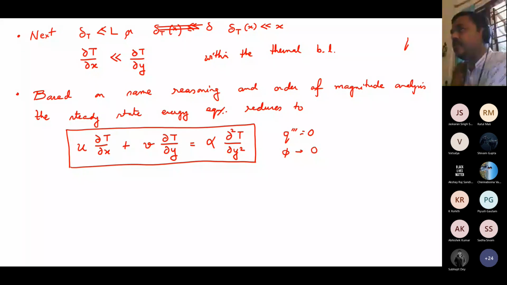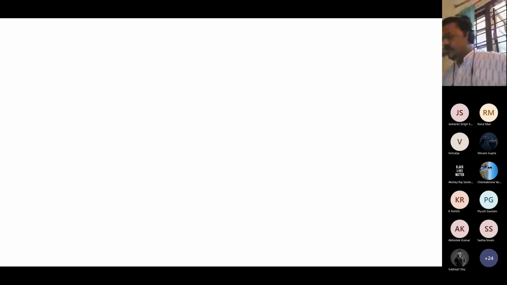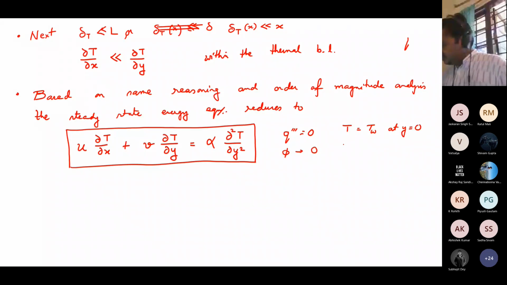There the boundary condition was u equal to u infinity, and u equal to 0 at y equal to 0. But here the boundary condition is T is equal to TW at y equal to 0, right? And T is equal to T infinity at y equals to delta T. Okay. So anyway, what is this?